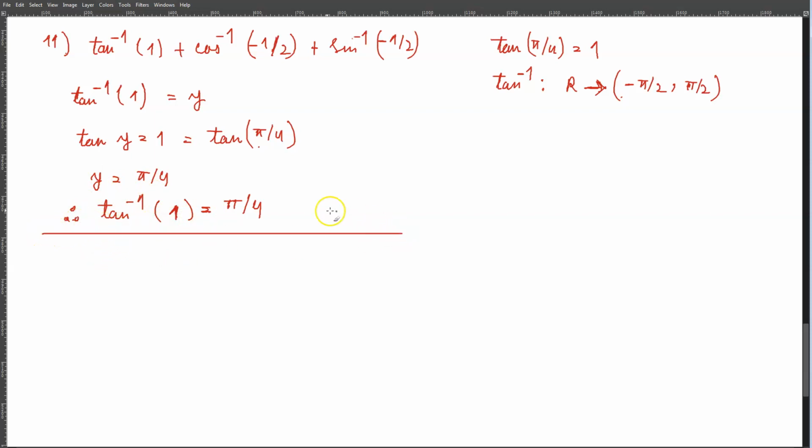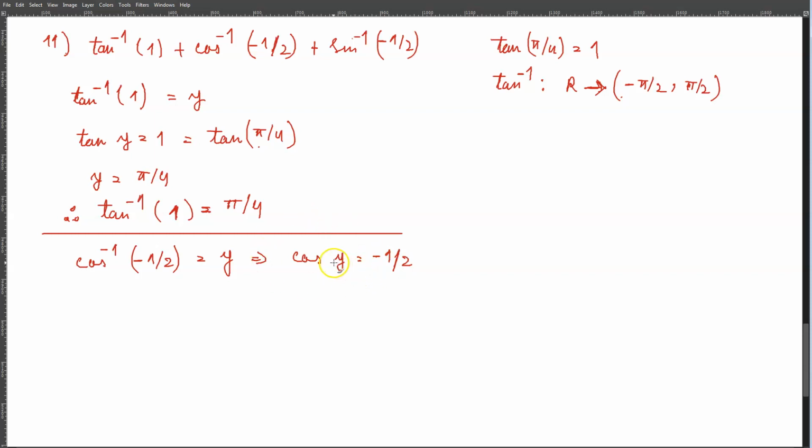The second part of this question is the cos inverse of negative 1/2. If I set that equal to y, that implies that the cos of y is equal to negative 1/2.